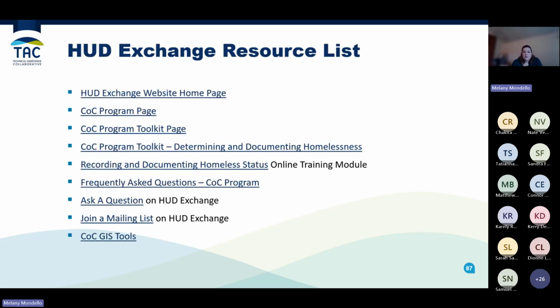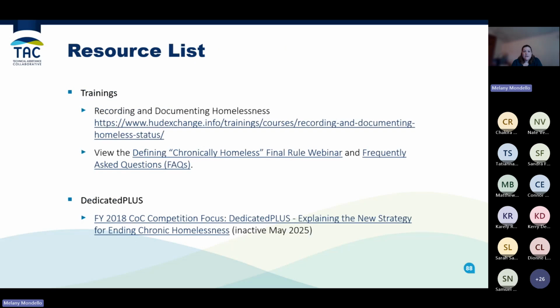This is a resource list for the HUD Exchange, specifically about documenting homelessness, and then just some more of their general pages. These are some trainings. The first one, recording and documenting homelessness, all of your staff who are doing intake work or documenting work should definitely go through this training, have that part of your onboarding.